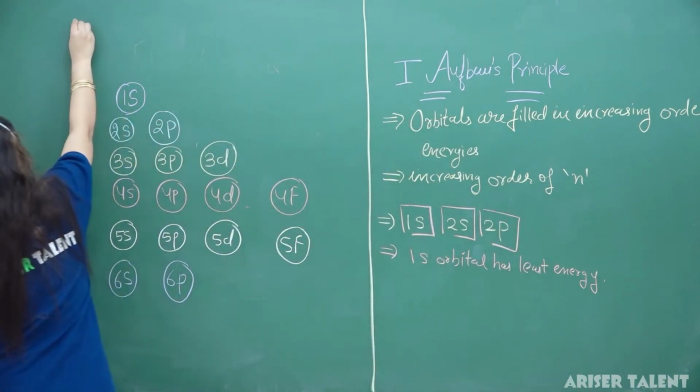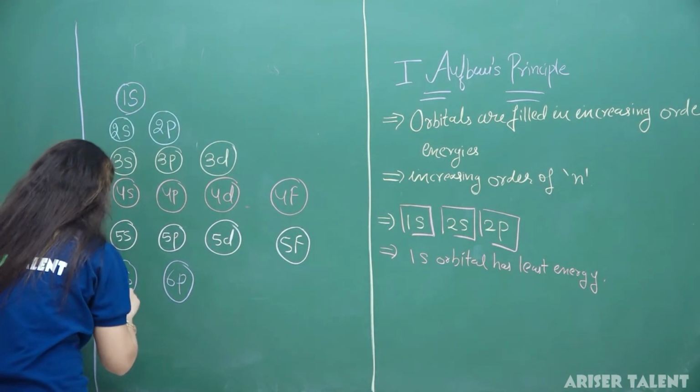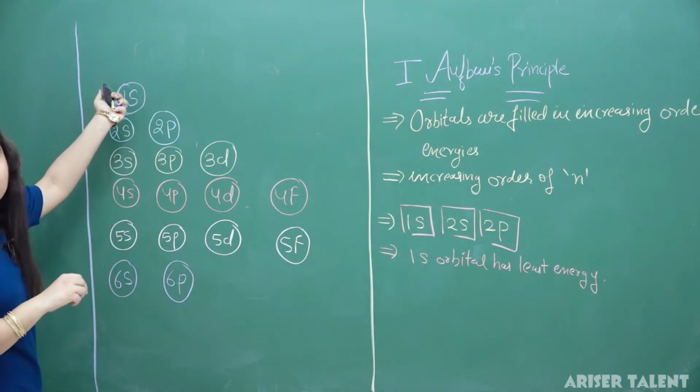So now we will fill the orbitals in the increasing order of their energy. Firstly I am taking the 1s orbital.